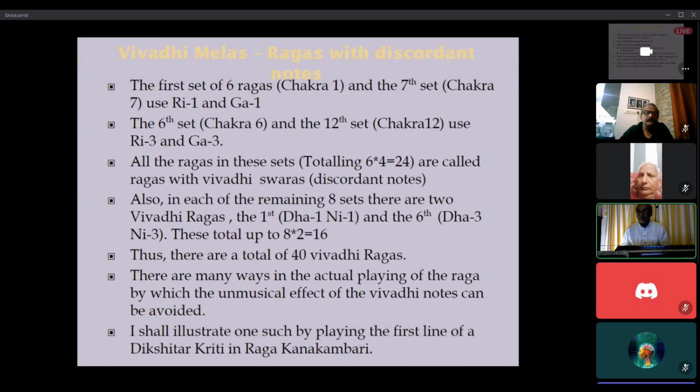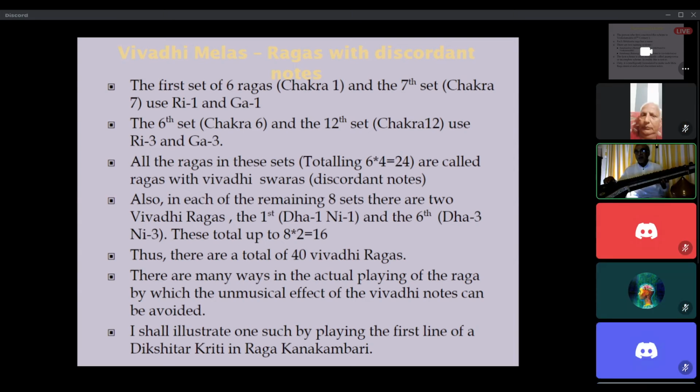Then we go to the last chakra, the sixth chakra, and the 12th chakra. How does that go? That goes like this. There you're going to be playing the third Ri and the third Ga. In this one, Sa Ri Ga Ma, forget the Pa Da Ni Sa.